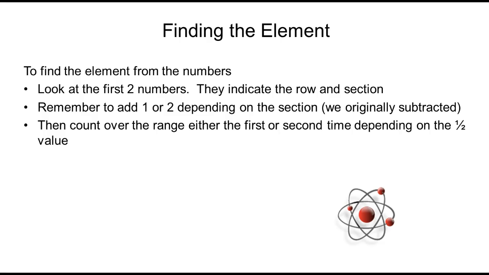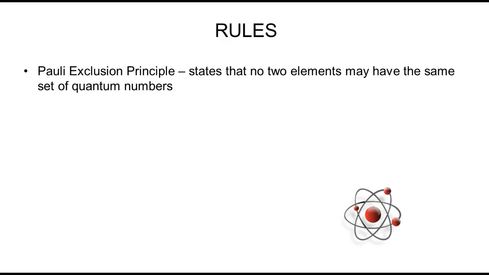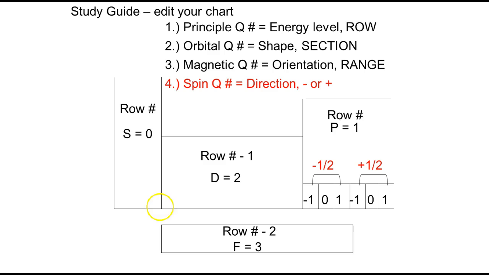Well, let me go back here to the periodic table. If you're looking at a number that says 4, 2, 0, -1/2, if it says 4, 2, we know that the 2 tells us we're in this section, and if we have a 4, we know that we had to add 1, so we're really in the 5th row.